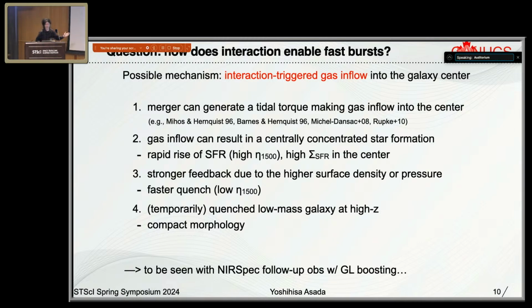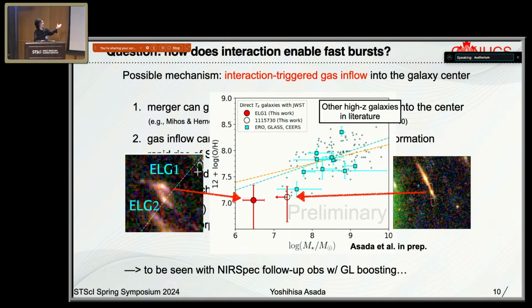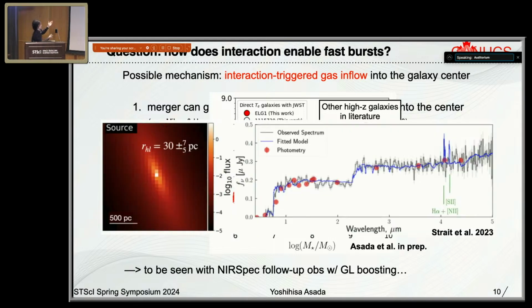But we have obtained some NIRSpec spectrophotometry observations, and that is indeed suggesting that these interacting galaxies have a lower metallicity as compared to other galaxies observed from the James Webb observation at a similar redshift. And also, one of the crescent galaxies at high redshift has been shown to have a really compact morphology, as shown in Strait et al. 2023, with a half-light radius of only 30 parsec, not kiloparsec, 30 parsec.